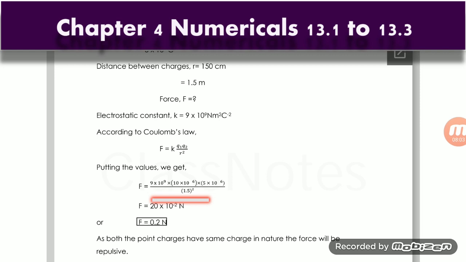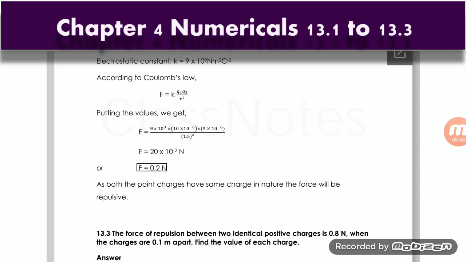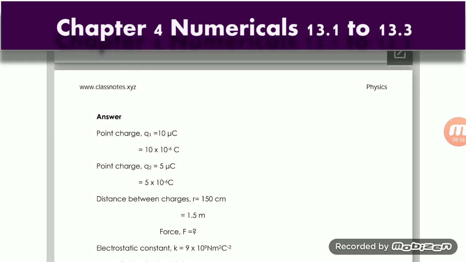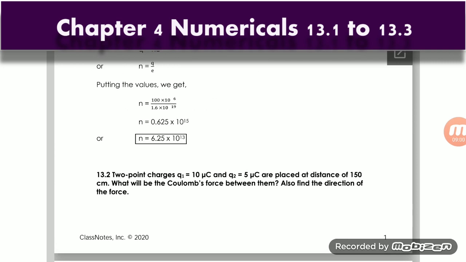Putting the values, F is equal to 9 multiplied by 10 raised to power 9 multiplied by 10 raised to power minus 6 multiplied by 5 multiplied by 10 raised to power minus 6, over the square of 1.5. After the calculation, we get F equal to 20 multiplied by 10 raised to power minus 2. This is scientific notation. In simple form, F is equal to 0.2 newtons. So this is the force of attraction between the two charges.